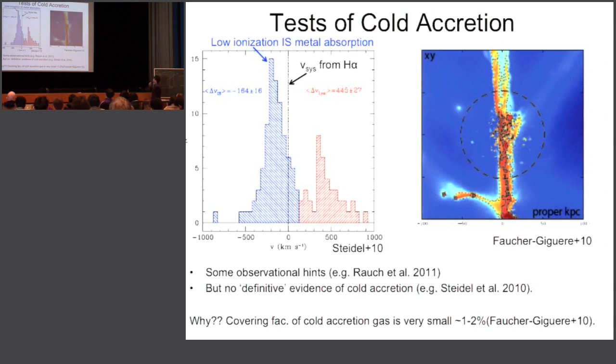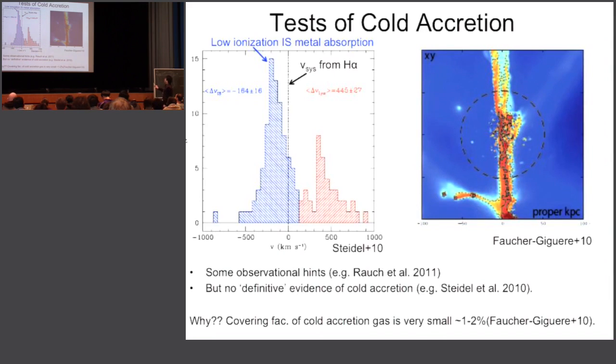One of the famous results is from Keck studies, looking at Lyman break galaxies at redshift 2 with the Keck spectrograph, and measuring the low ionization interstellar medium absorption lines. Please look at this. This is the velocity, and this 0 is the systemic velocity of the galaxies defined by the H-alpha emission. In other words, the velocity of HII regions.